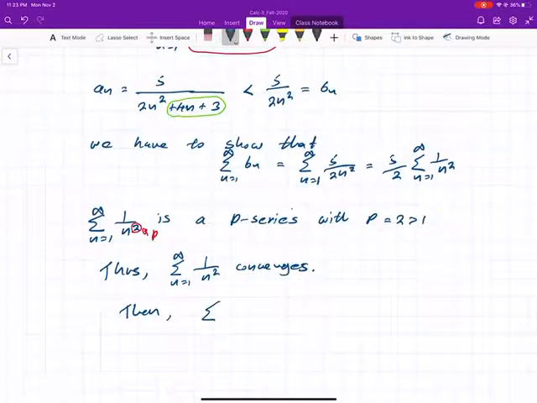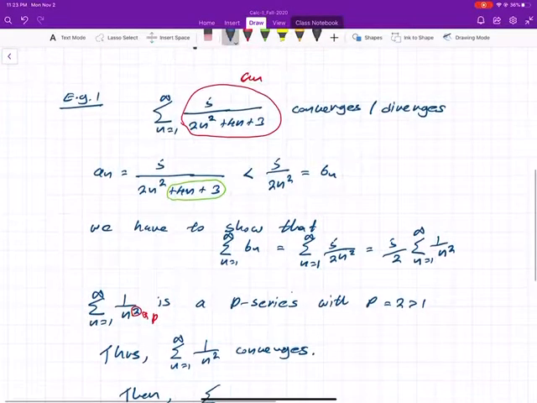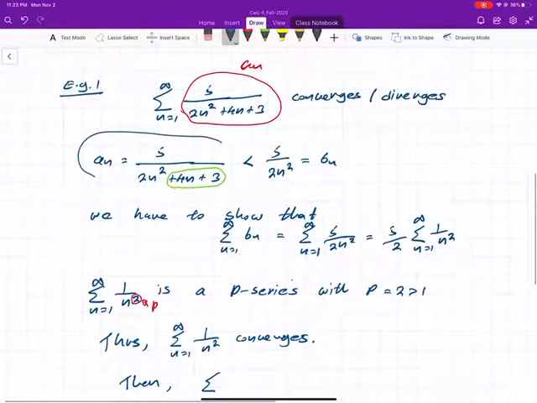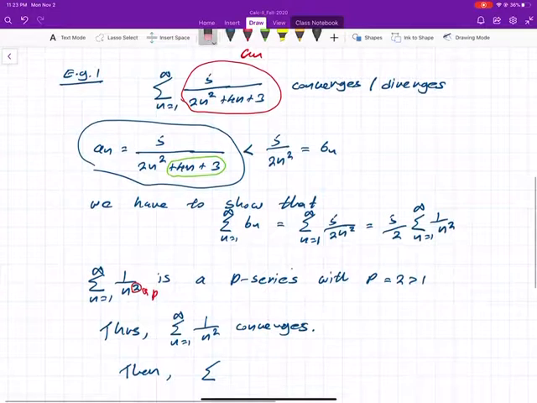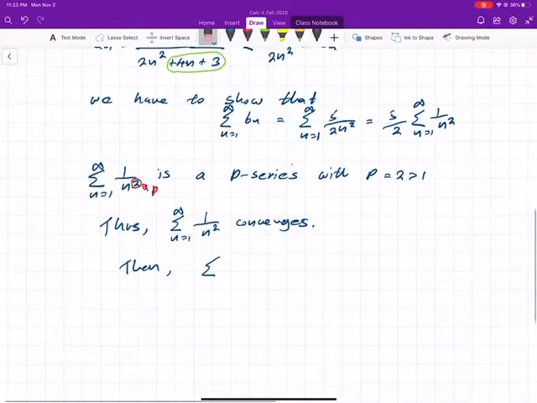Then you could say the small series, which is right here, converges. Before telling that, let me make a small change here.